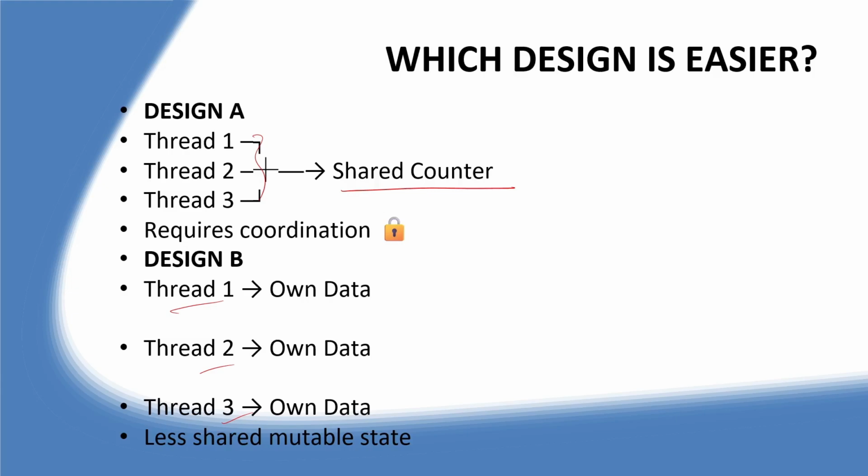So a powerful principle in concurrent programming is prefer immutable data and local state where practical, and share mutable state only when the design actually requires it. When the requirement comes for shared mutable state, only then should we use it.